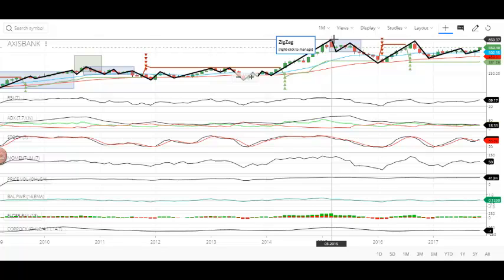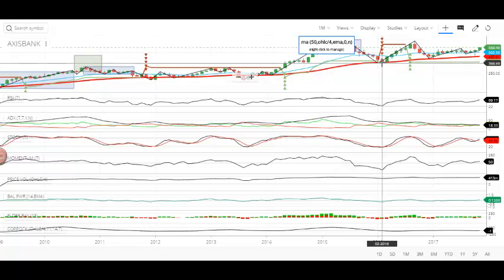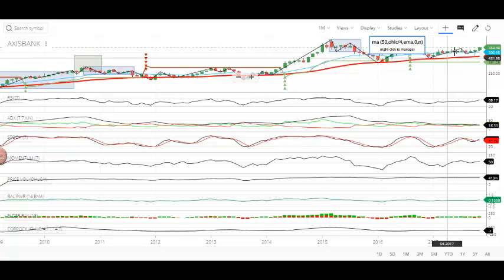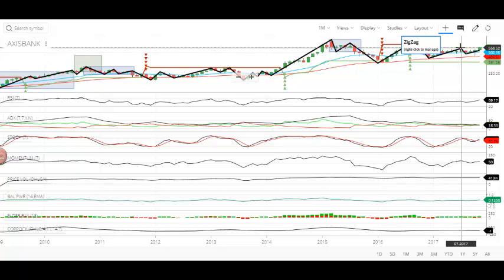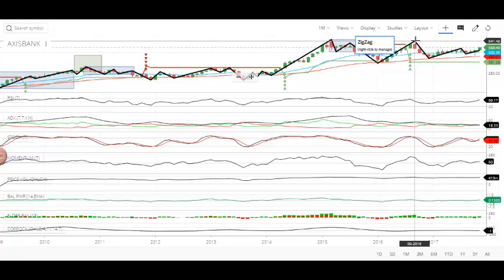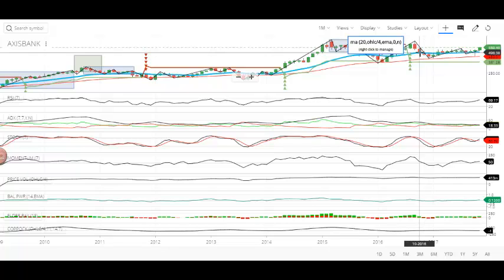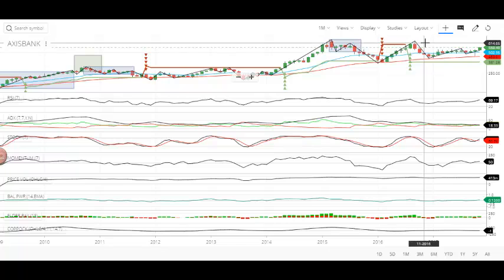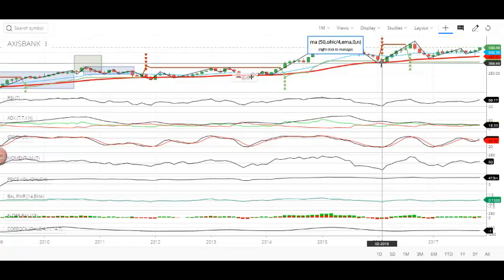And what happened after March 2015? The stock went down, and again it made a new high, but this high is lower than its previous high, which is the peak price. And again it went down and made a new high, which is less than this high. So what we are seeing here is the stock consistently making new highs which are lesser than the previous highs, but at the same time it is not making new lows.